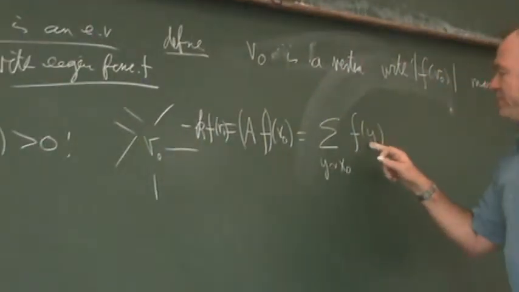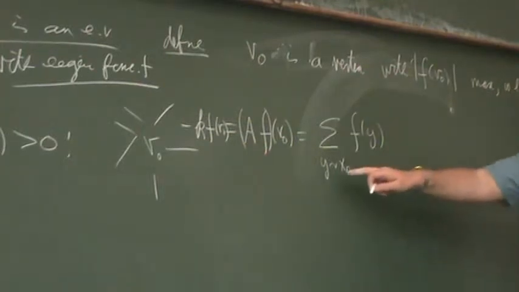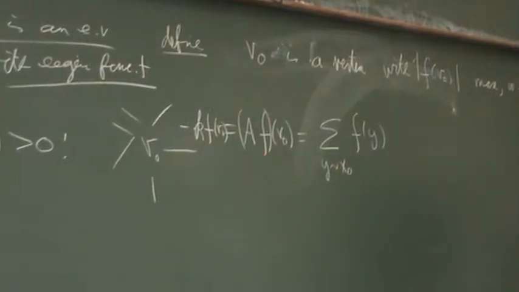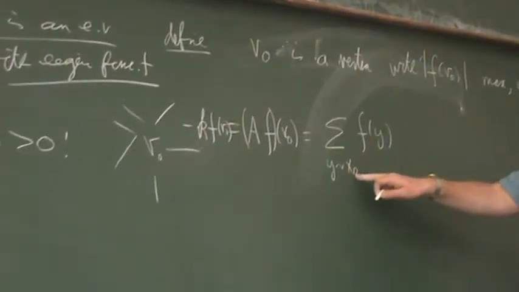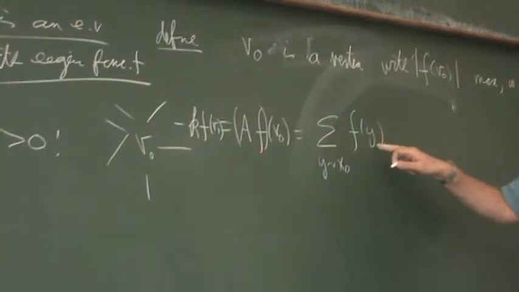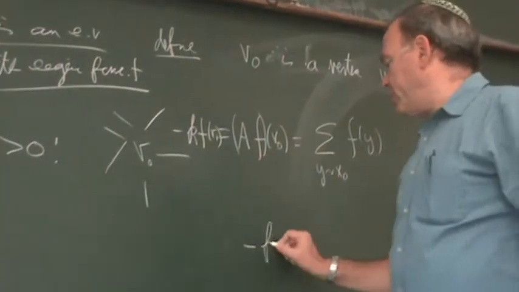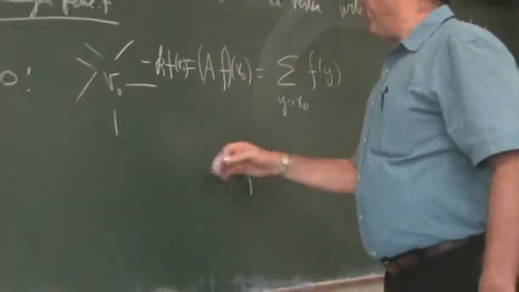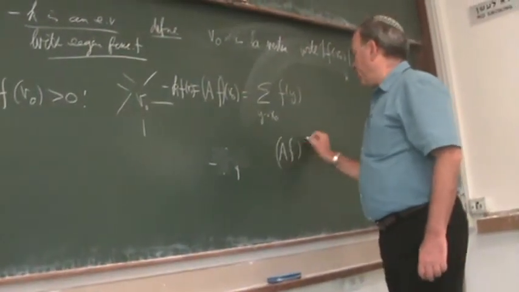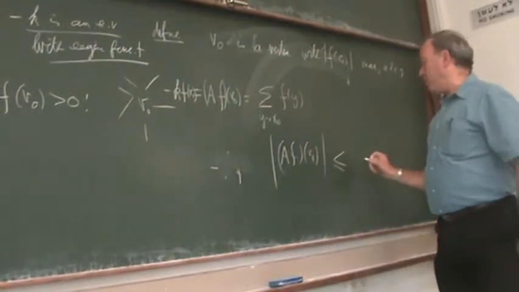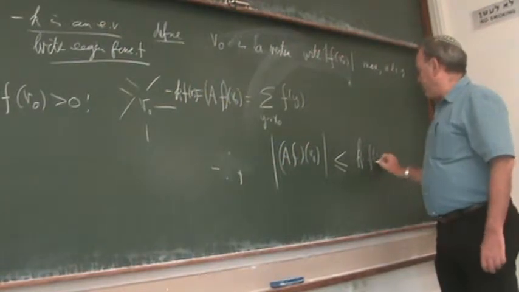On the other end, this is the sum over all the neighbors y of f of y. Each one of them is in absolute value less or equal to f of v naught. So in absolute value, minus k f of v naught is less or equal to k times f of v naught.